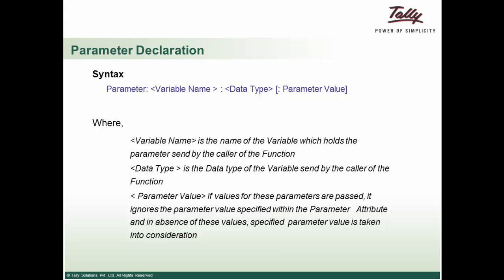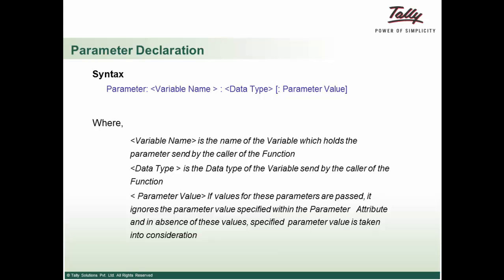Data type is the type of value that this variable will hold, and parameter value is an optional value. If the values for these parameters are passed from the user, then this particular variable will carry that value. However, in the absence of input from the user, this would be the default value of the parameter variable.